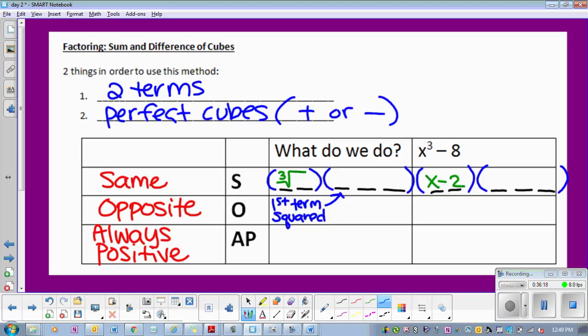So look at your first term in your binomial, your x. What is x squared? X squared. Now that middle term is your first and your second multiplied.